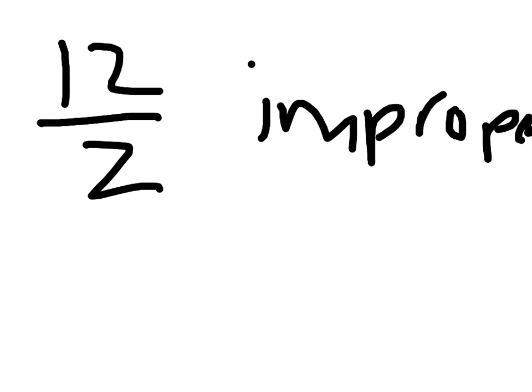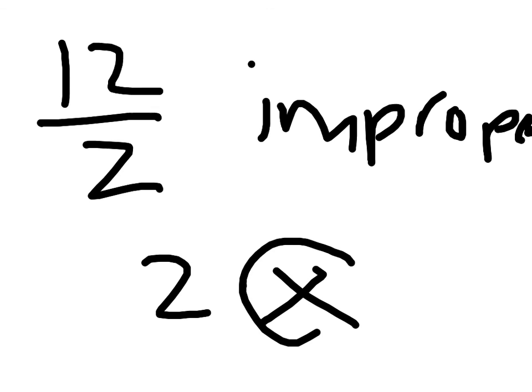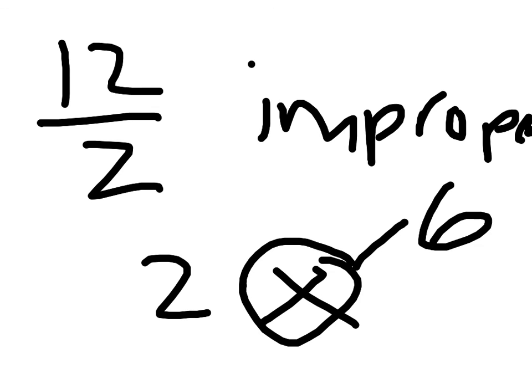We need to make this a whole number. So the way we're going to do that is finding out how many times 2 goes into 12. We know that 2 goes into 12 6 times. So 6 would be our answer.